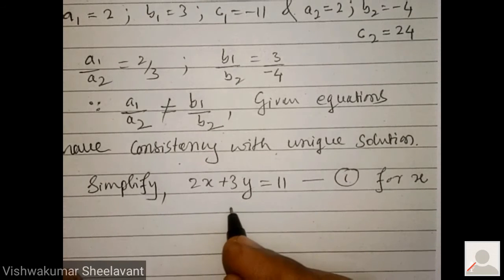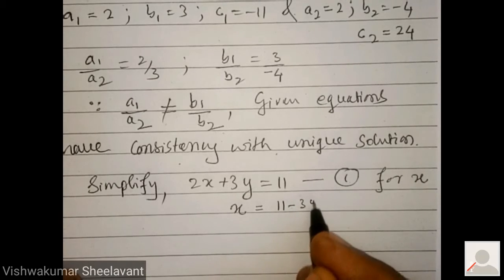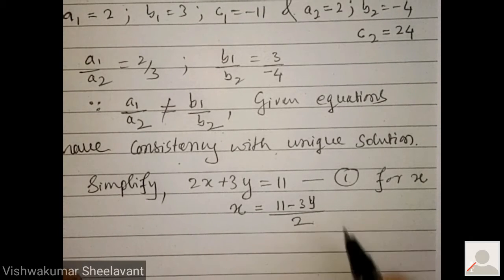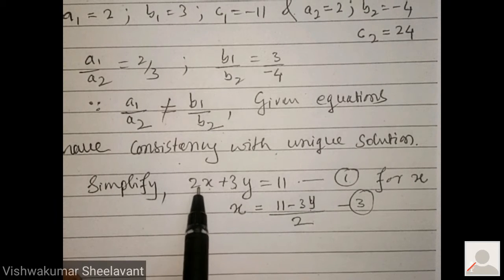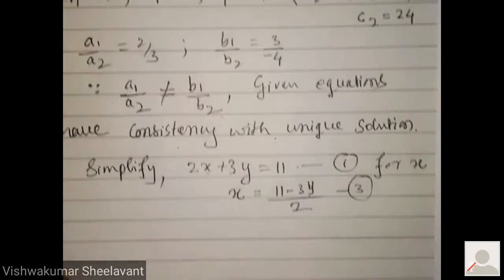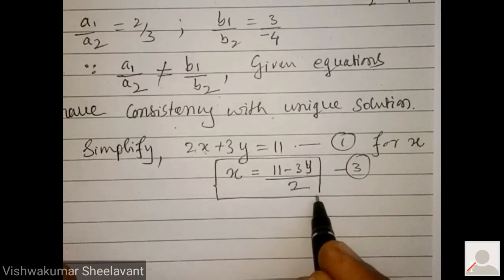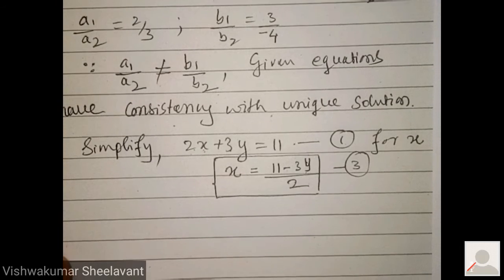Then what is x? x equal to 11 minus 3y by 2. Call this as equation 3. Take 3y on that side. 2x will remain. 2 is multiplied with x. So on this side it will divide. This is useful to us in the last step to find the value of x.